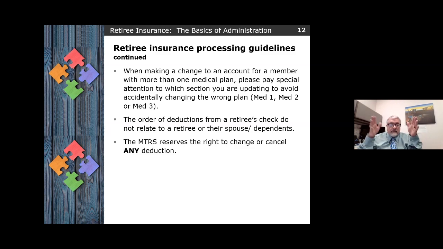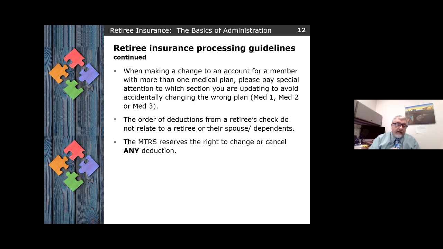Okay. Think of them as being in their swim lanes, if you will. And the order does not matter based on the retiree versus their beneficiary. So first medical is not the retiree, and then second medical is a spouse or something like that. They're all the retiree's deductions. It's just really which one's coming out in category 1, which one comes out in category 2, which one comes out in category 3. To keep the number of plans in the system down for you to maintain, we try to keep all the options in Medical 1, and then we make a limited number of options available in Medical 2.